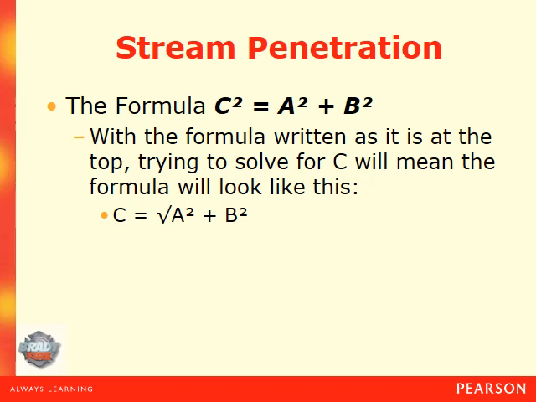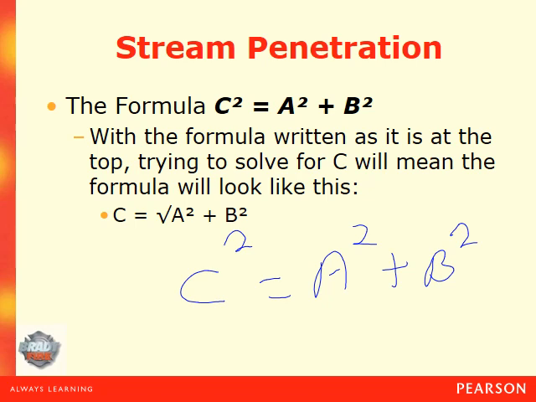c equals the square root of a squared plus b squared. And this goes back to some basic algebra concepts: what you do to one side of the equation, you have to do to the other. So we're trying to get rid of our exponents here. Let's erase that. So c squared equals a squared plus b squared. All right, and the square root essentially is something times itself.